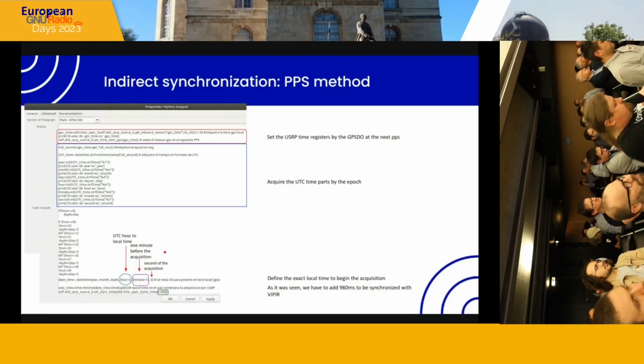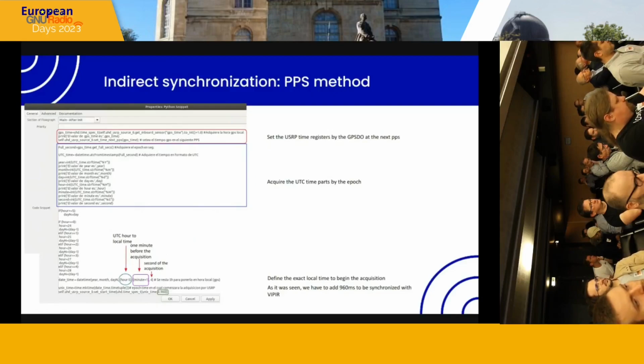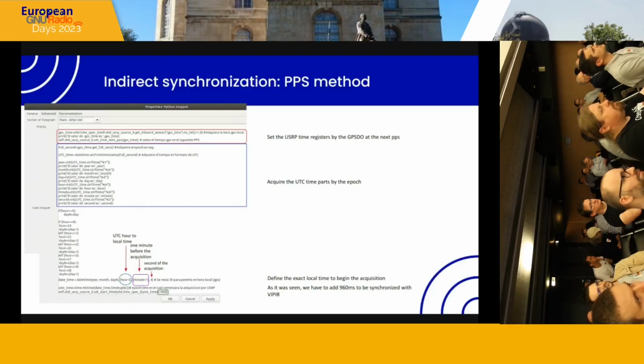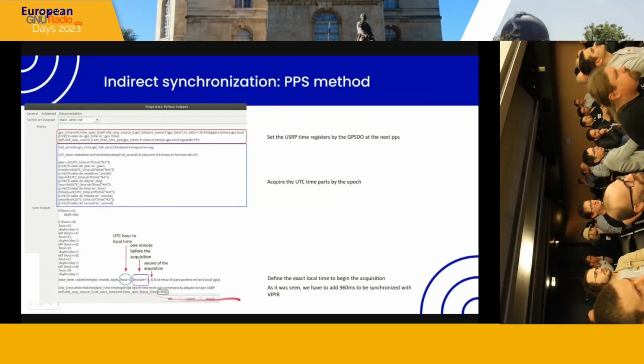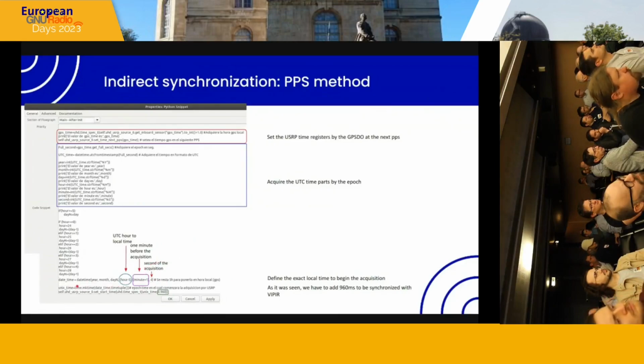Then we started all this Python flow graph 1 minute before the recognizing of the pulse. For example, if the transmission pulse starts at 1 hour, 2 minutes, and 4 seconds, we will define an hour 1 minute before. So it will be 1 hour, 1 minute, and 4 seconds, so that GNU Radio could wait until that time.